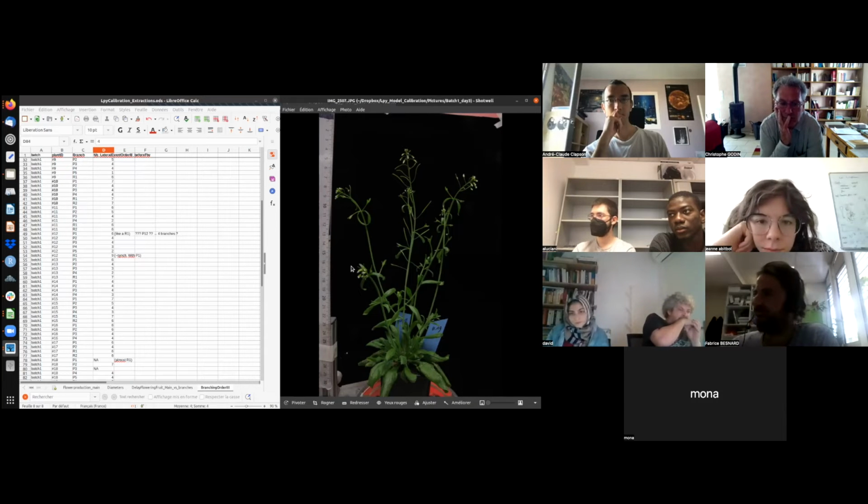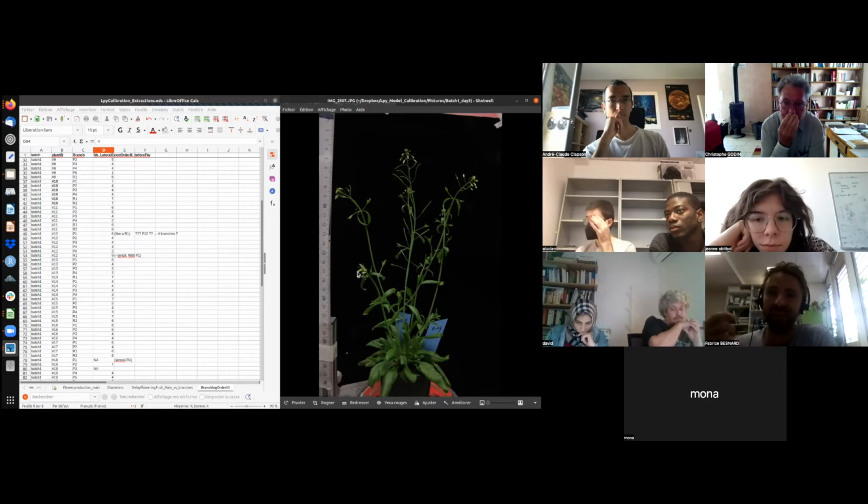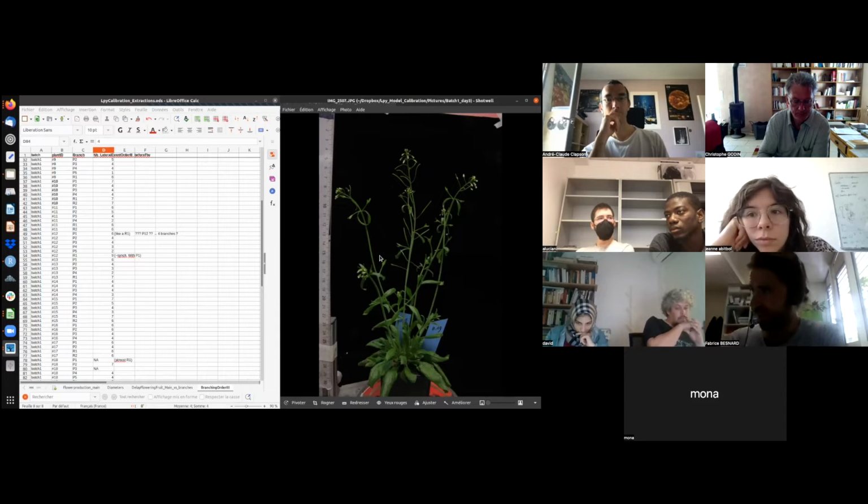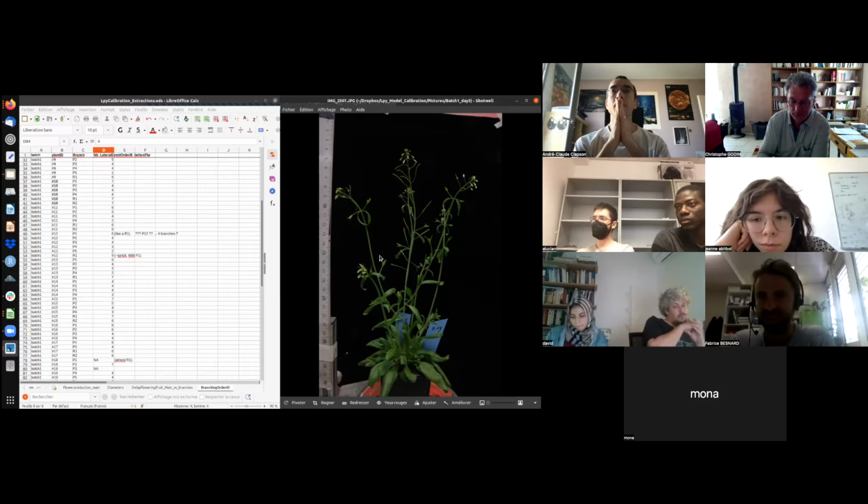It's a bit of a long work because you've got many different organs, and for each organ you've got the length, the width, the diameter, so several things to evaluate. This was the first work that we did, and once we did this, we generated a first trial of a scaled Arabidopsis.